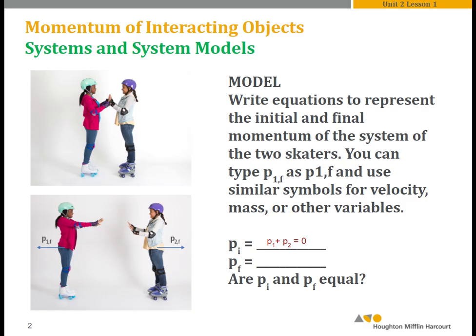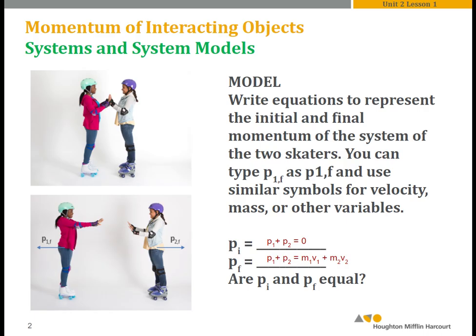Now, after they push off of each other, then their total momentum is going to be m1v1, that's the mass of the first girl times her velocity, plus m2v2, the mass of the second girl times her velocity.